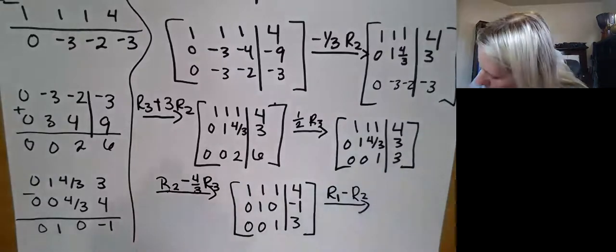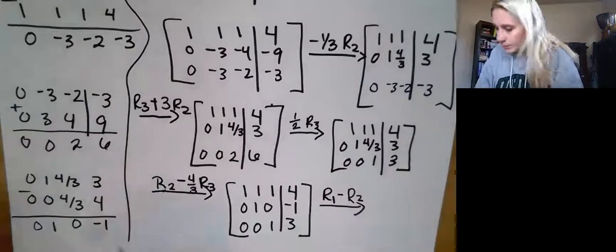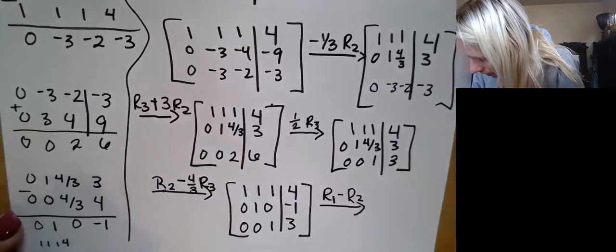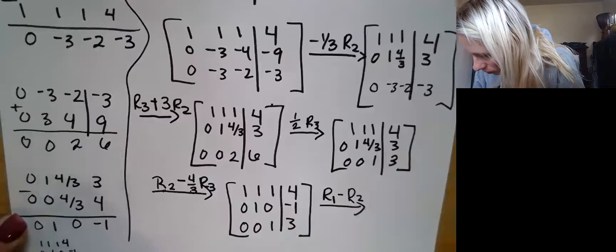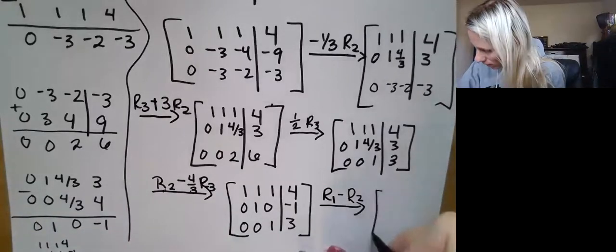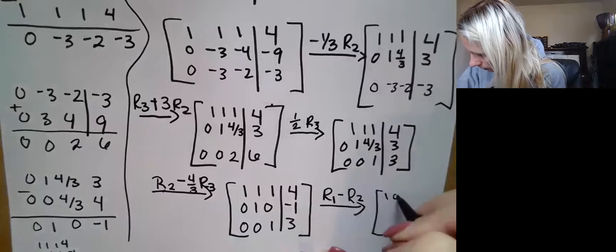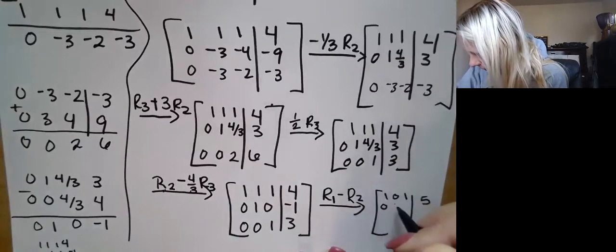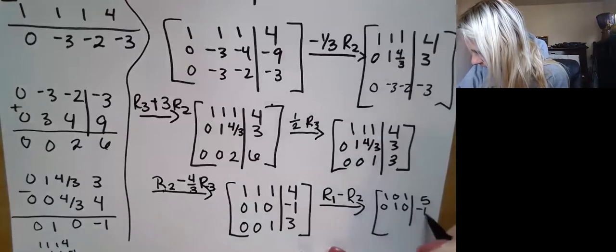Okay, so if I do my work here, row 1, 1, 1, 1, 4, minus 1, 1, -1. So I get 1, 0, 1, 5. New row 1 is 1, 0, 1, 5, or 0, 1, 0, -1, 0, 0, 1, 3.